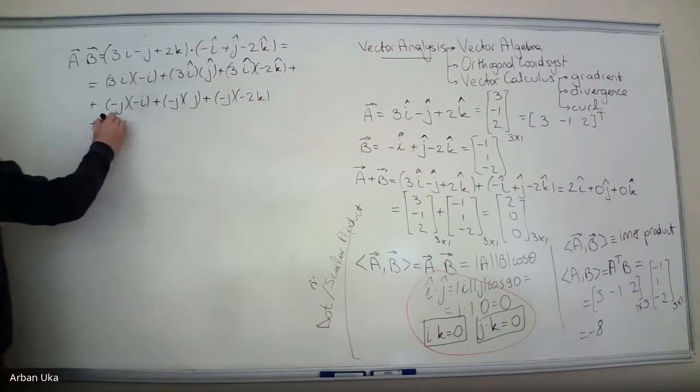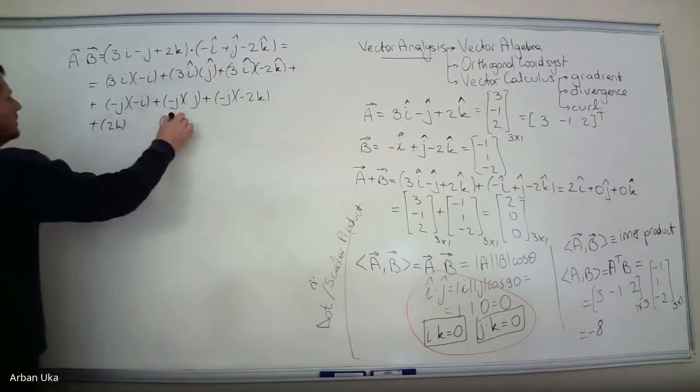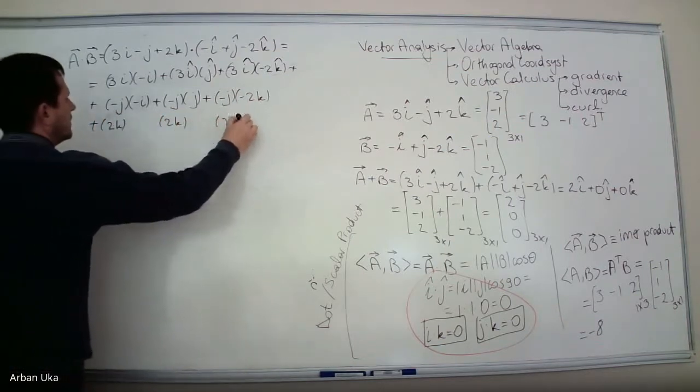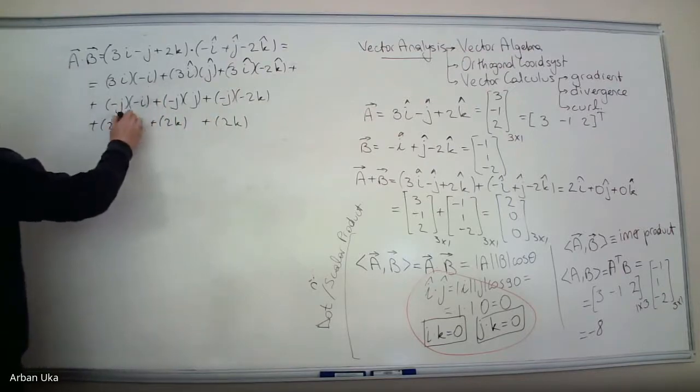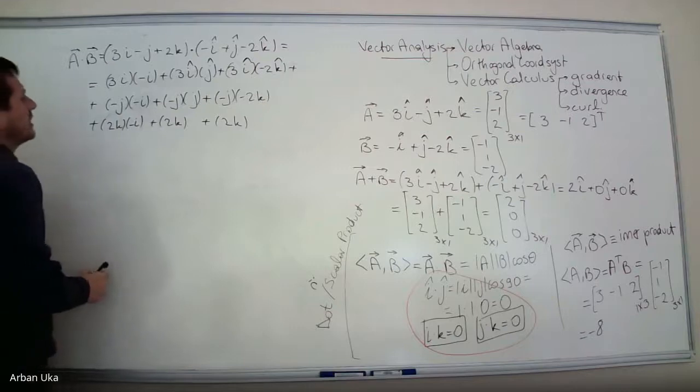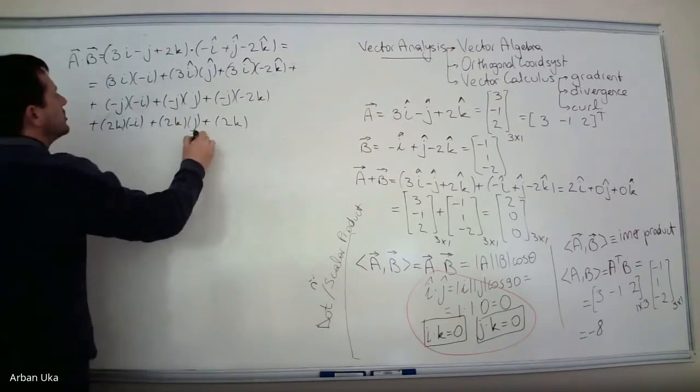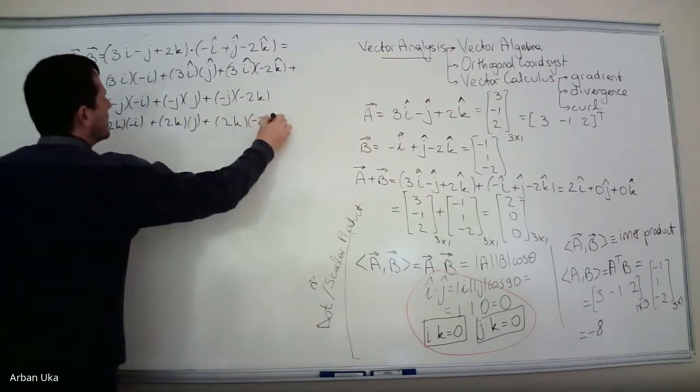Then we have plus 2k multiplied with minus i, with j, and with minus 2k.